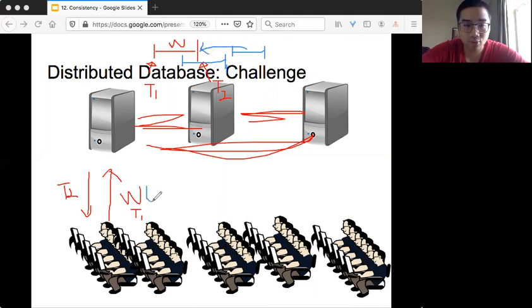Suppose this write updates key K to value 1, and initially the value is 0. In this case, the consistency model tells you whether this read operation can return 0 or 1, and whether that read operation will return 0 or 1.